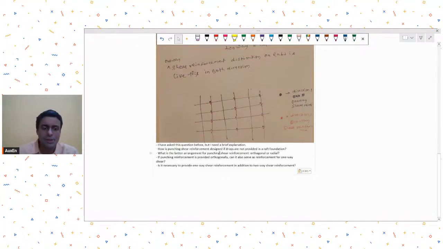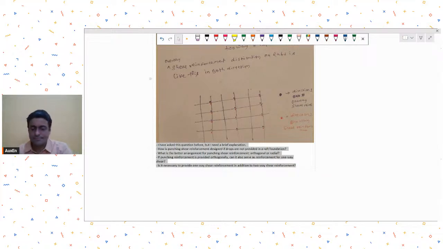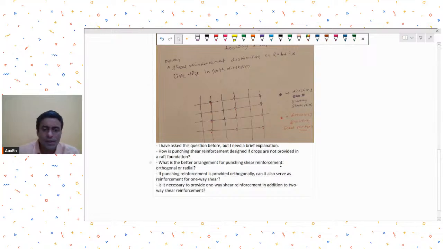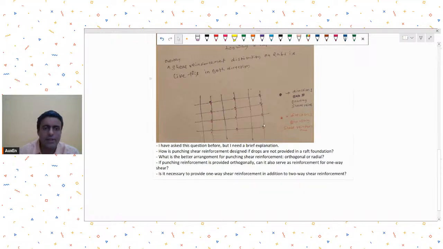Let me paste it here and let us address them together. This text format question has been asked by Engineer Vineet Kumar from Patna, and this image has been sent by Engineer Tosh Agrawal from Raipur.